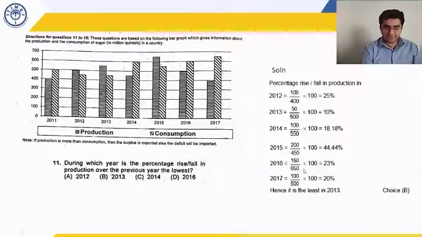So 650 to 500 is a drop of 150 units on 650. 150 by 650 into 100 gives you approximately 23%. So from my answer options, I can see that 2013 is the best case.